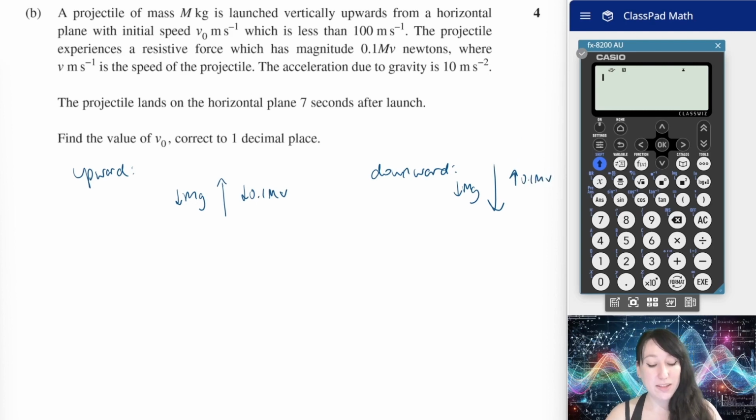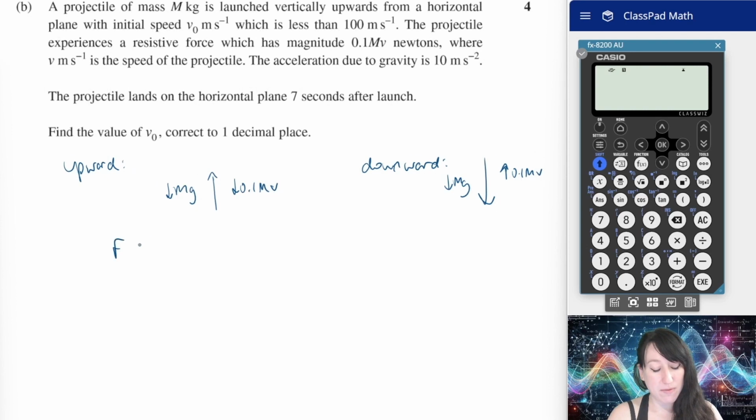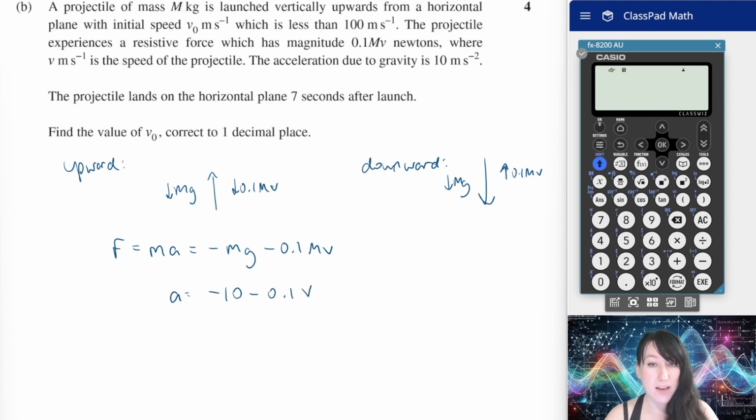All right, let's start with the upward journey. So we have our forces, minus mg and minus 0.1 mv. Now, the m's will cancel out, and g is 10. So we have acceleration equals negative 10 minus 0.1 v.